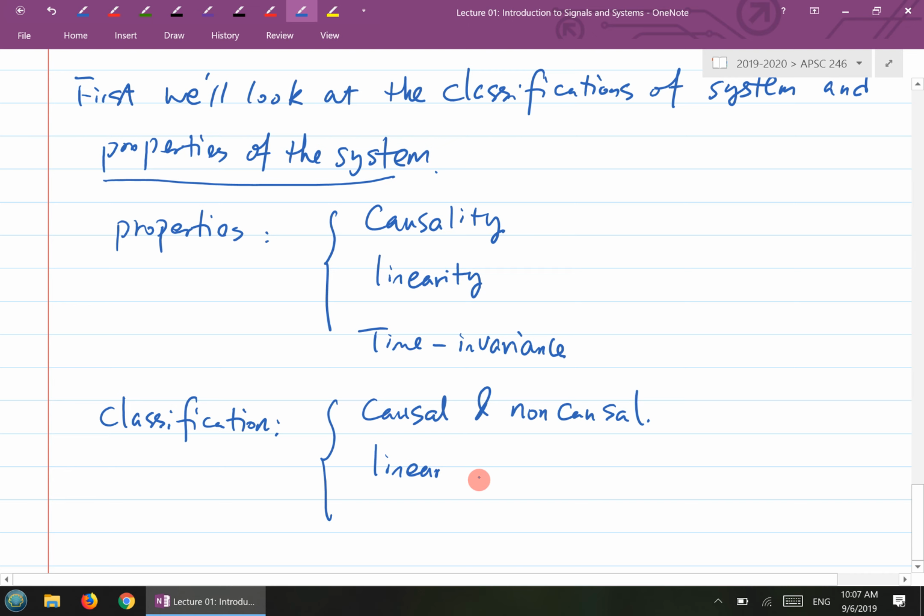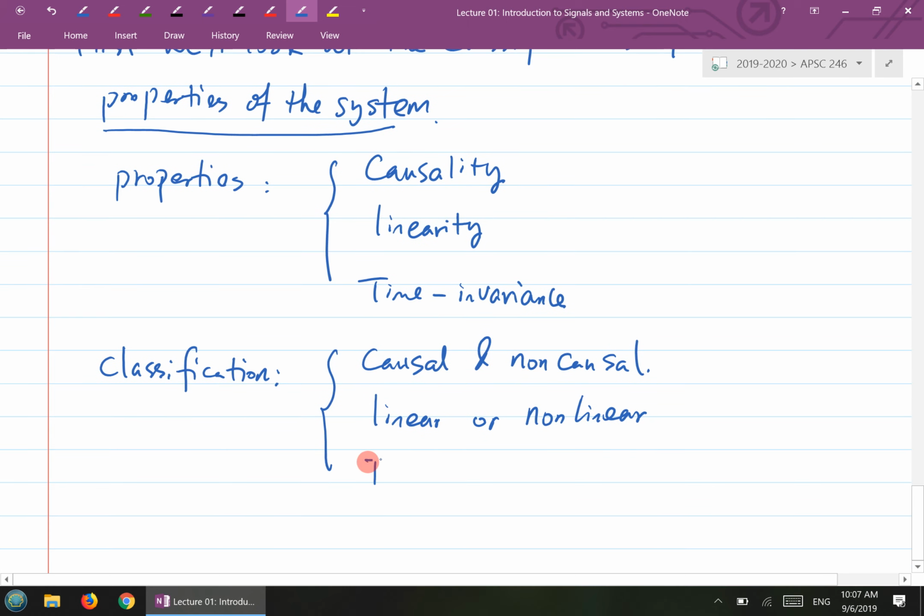Whether it's linear or non-linear, how do we differentiate these two properties? And last of all, how do we differentiate time invariant and time variant?